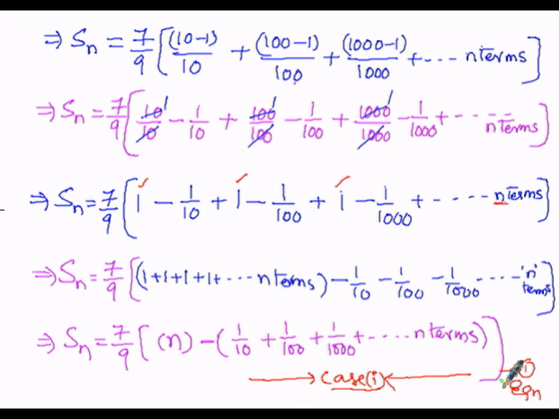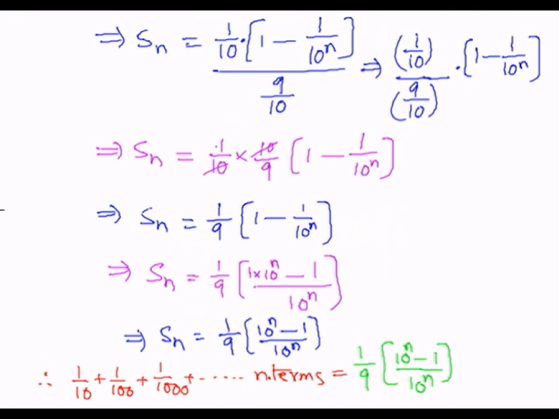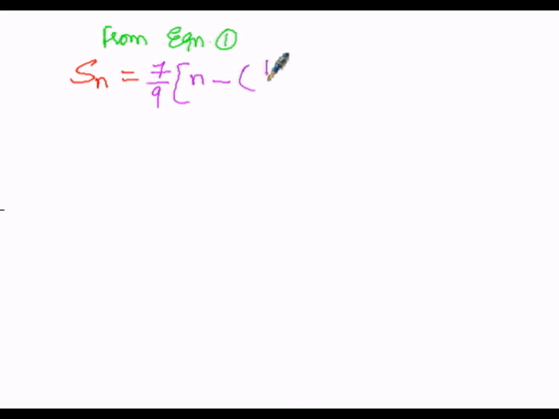S of n is equal to 7 by 9 into n minus, from equation number 1, that is S of n is equal to 7 divided by 9 into n minus, within the small brackets, 1 by 10 plus 1 by 100 plus 1 by 1000 plus and so on, there are n terms in it.